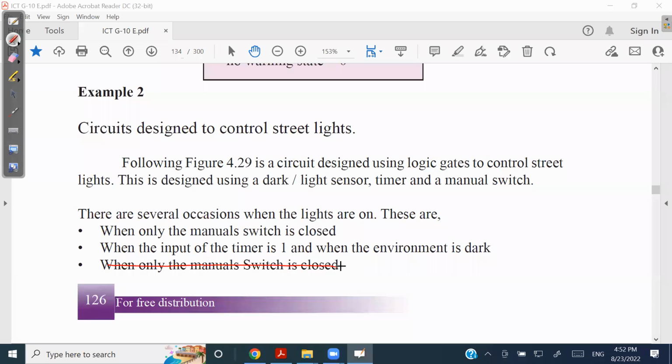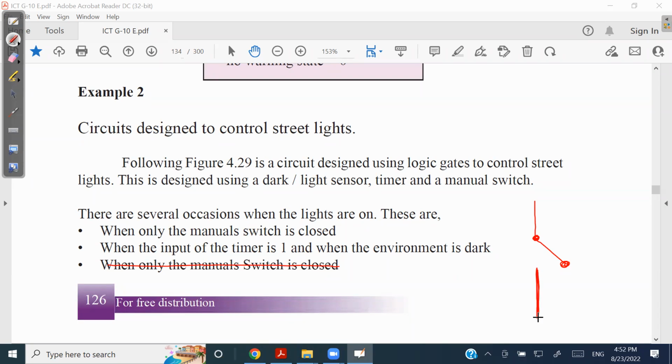So I think this needs to be connected like this. There are several occasions when the lights are on. These are when only the manual switch is on. Closed means on, like you can close here, like the scientific meaning. When the manual switch is like this, right?